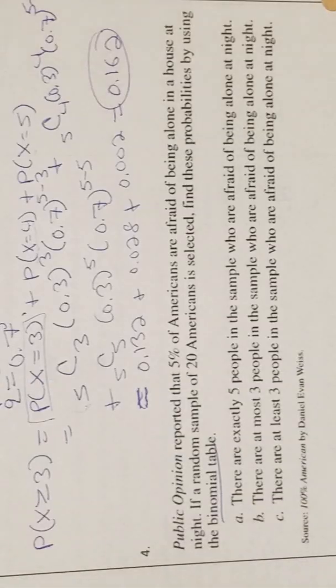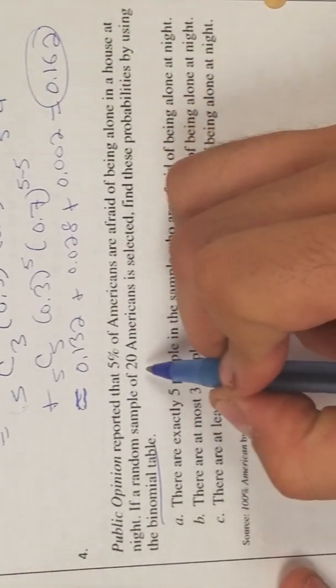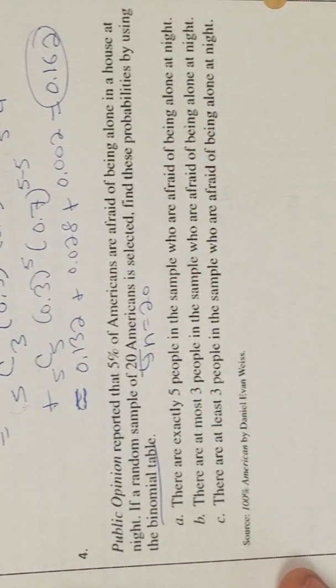So it says here that we're looking at 20 Americans, so that's my n. N is equal to 20. So we're going to need to go to the very end of the table with n equals 20. All right, so let's go ahead and identify the rest of this.